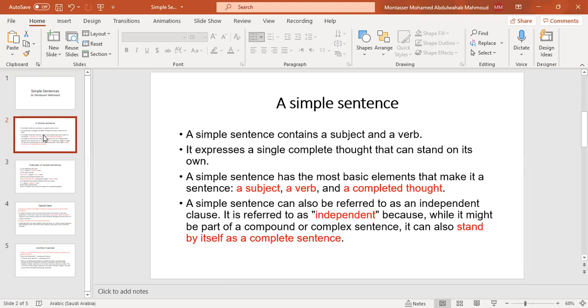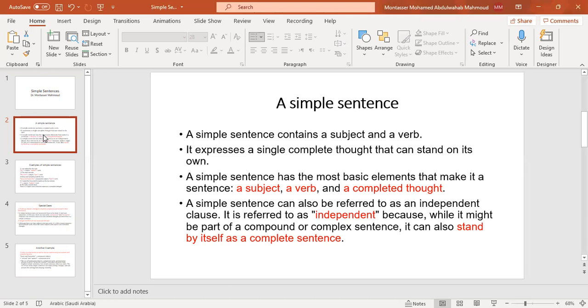A simple sentence sometimes can also be referred to as an independent clause. So an independent clause is a simple sentence. Why? Because it can stand by itself as a complete sentence. Any independent clause usually contains a subject and a verb and expresses a single complete thought.